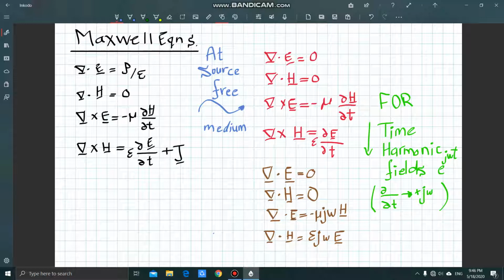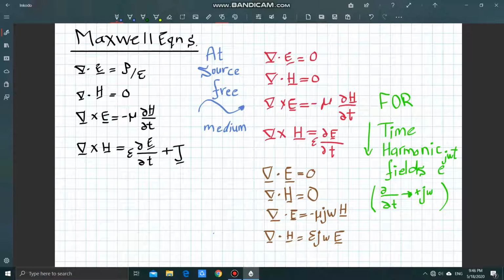Curl H is equal to permittivity multiplied by the partial derivative of E with respect to time plus J, the current moving in the medium. Of course, all these equations are vector equations.